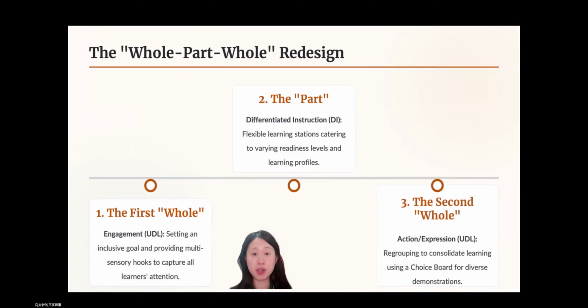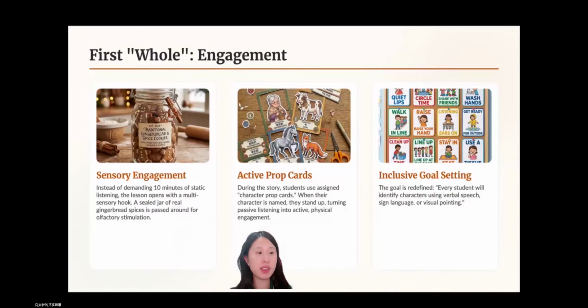Let's start with the first whole: engagement. Instead of demanding 20 minutes of static listening, I redesigned the introduction to be multi-sensory. Before the story even starts, pass around a sealed jar of real gingerbread spices.